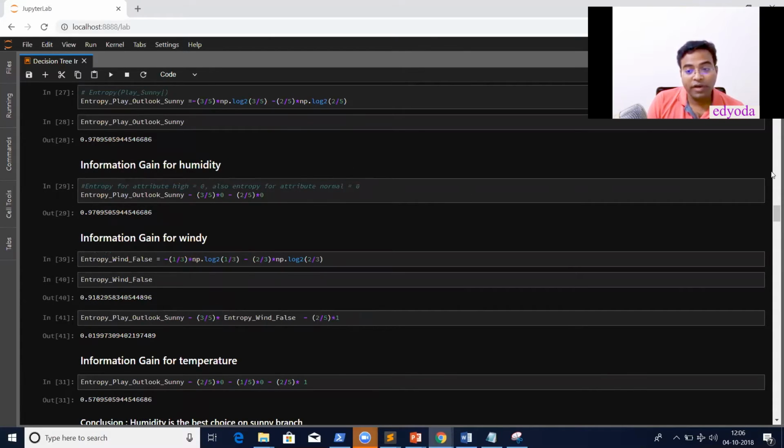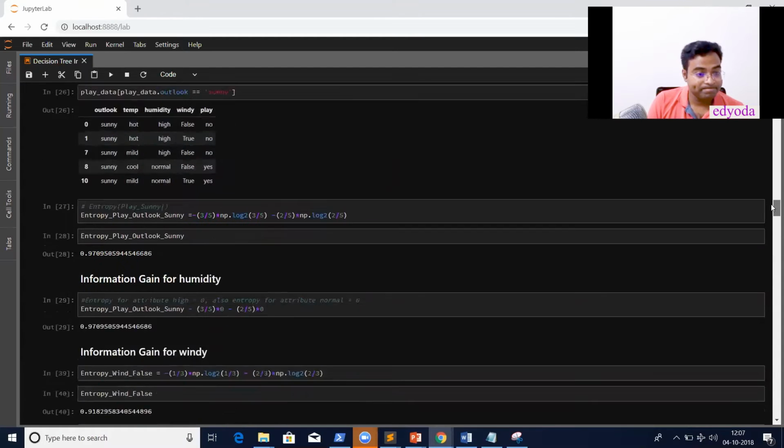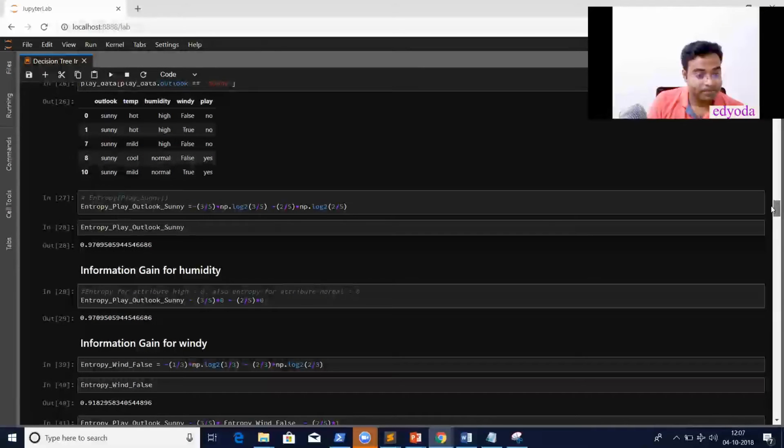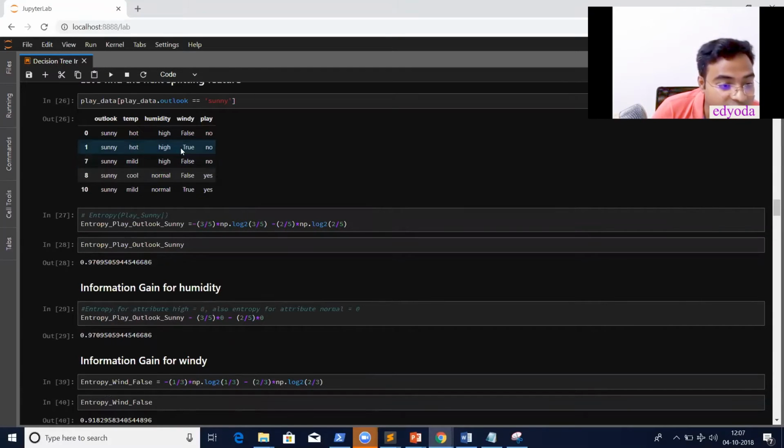When you're dividing by humidity, you can see here humidity high. There are 2 classes, and for high, it is all no. For normal, it is all yes, right?